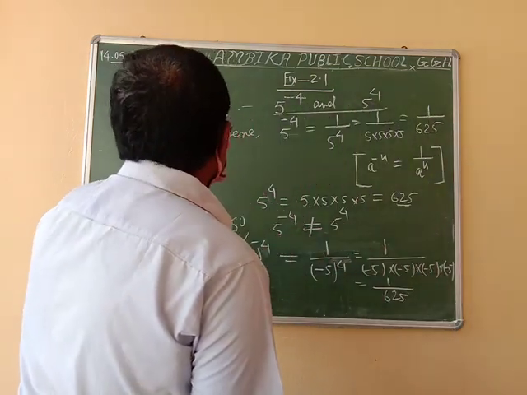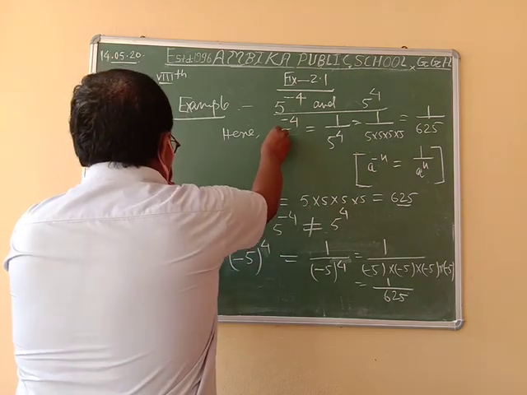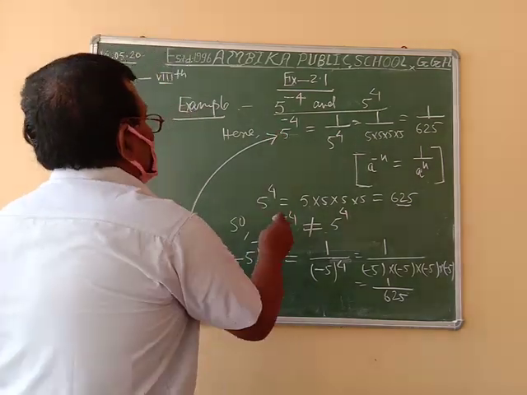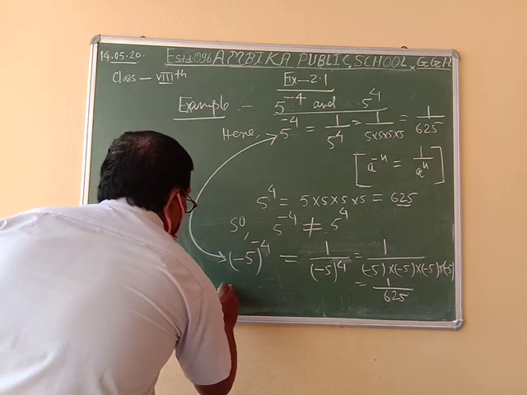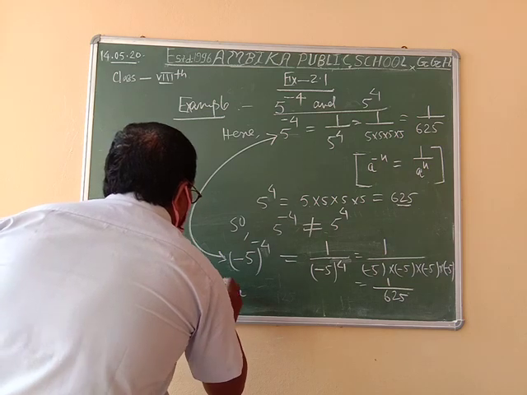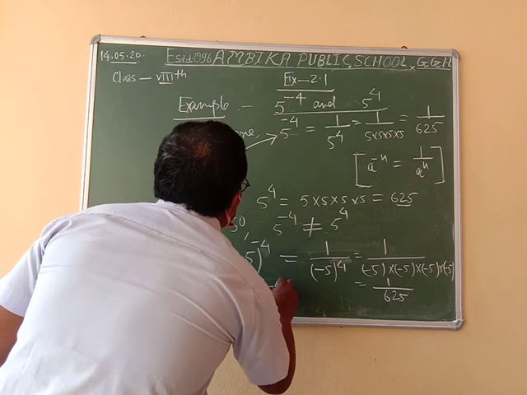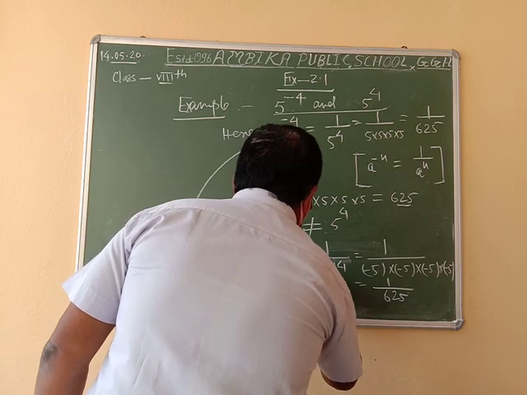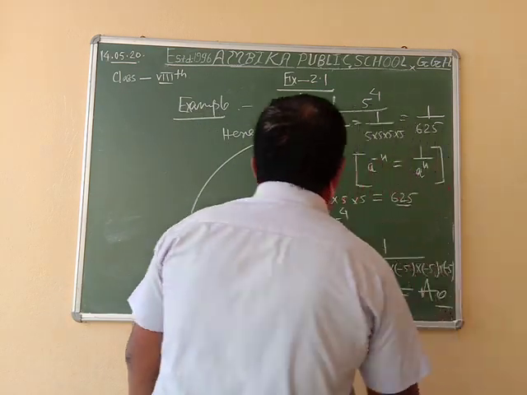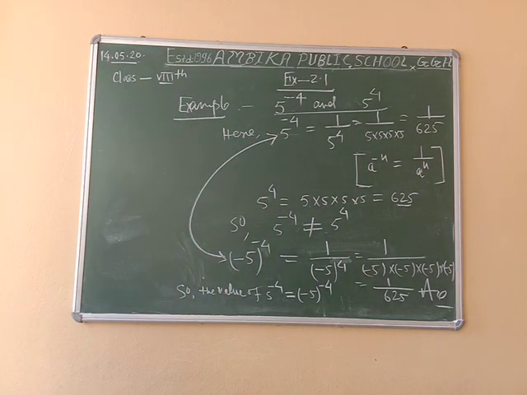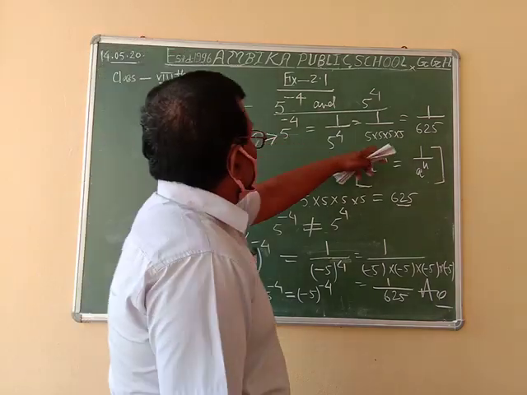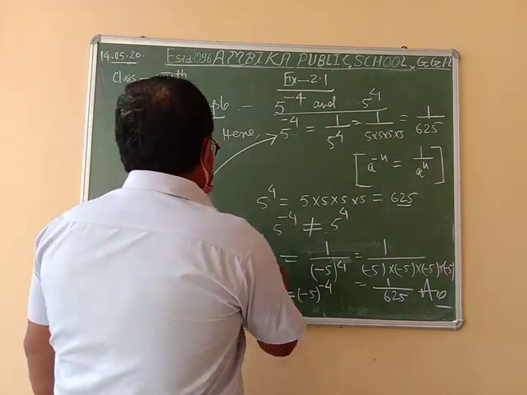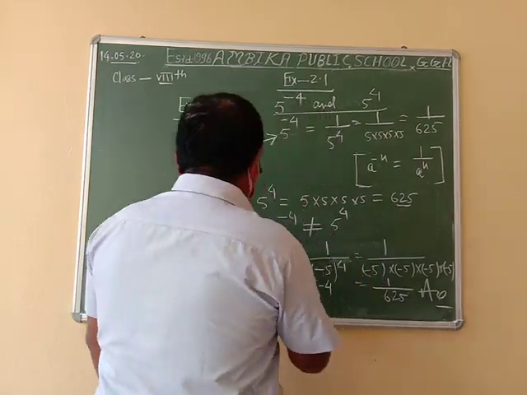So the value of 5 to the power minus 4 is equal to minus 5 to the power minus 4. 5 to the power minus 4 is equal to 1 by 625, and minus 5 to the power minus 4 is also 1 by 625, so both are equal.